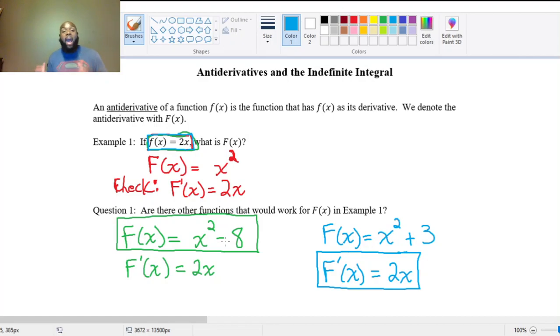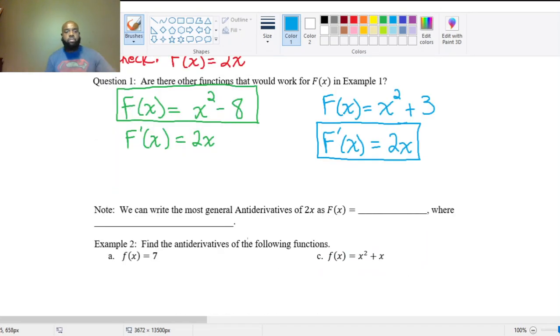And so what happens here is that we have a family of functions that are actually the antiderivative of a single function, and they all differ by a constant. So we can write the most general antiderivative of the function f of x equals 2x as capital F of x equals x squared plus, I'm going to say, capital C. This is used everywhere in calculus, where this C equals your constant of integration.